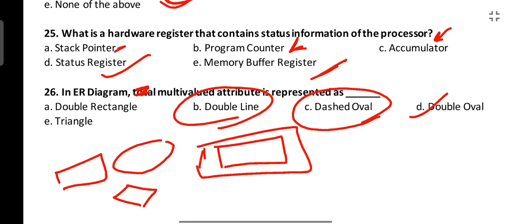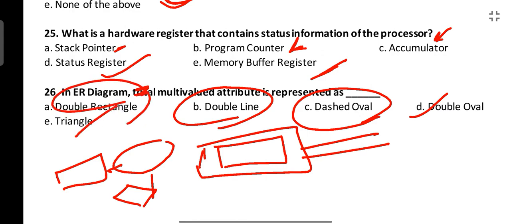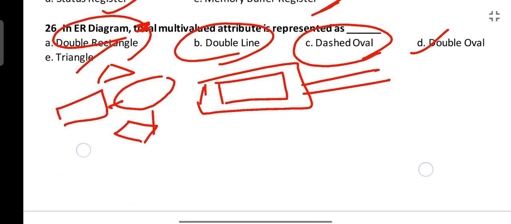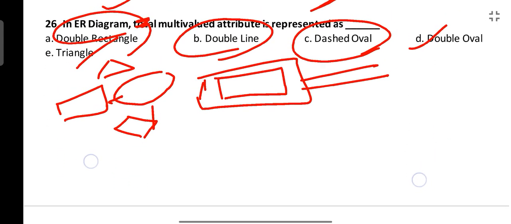Weak entity is a double rectangle, and their relationship has lines, and total participation means double line. And what is triangle? Triangle is used for generalization and aggregation. I hope it is clear. These are very important. One or two questions will come from here.